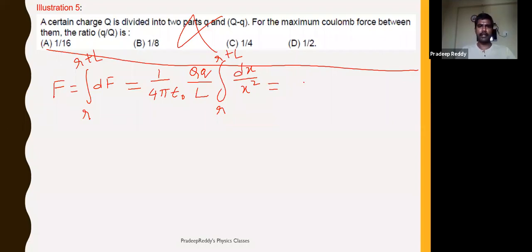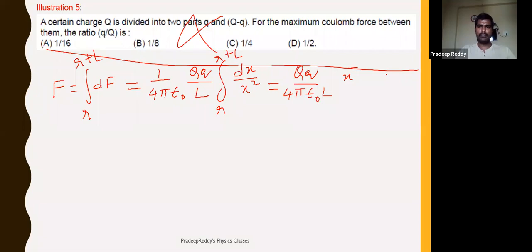Capital Q small q divided by 4 pi epsilon naught into L, and this is x power minus 2 plus 1 divided by minus 2 plus 1.